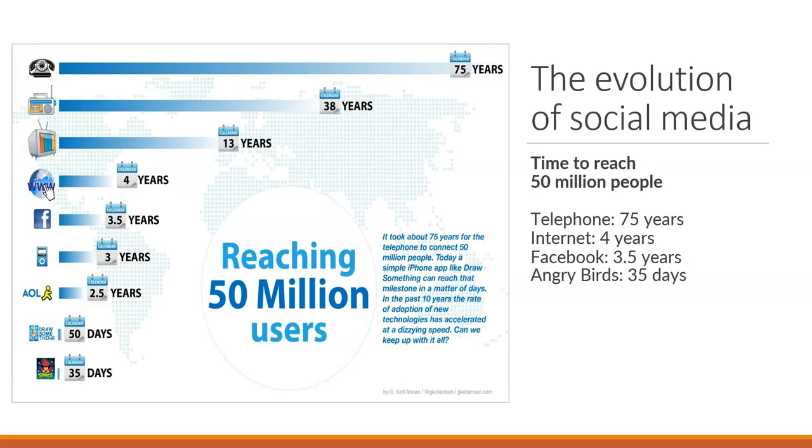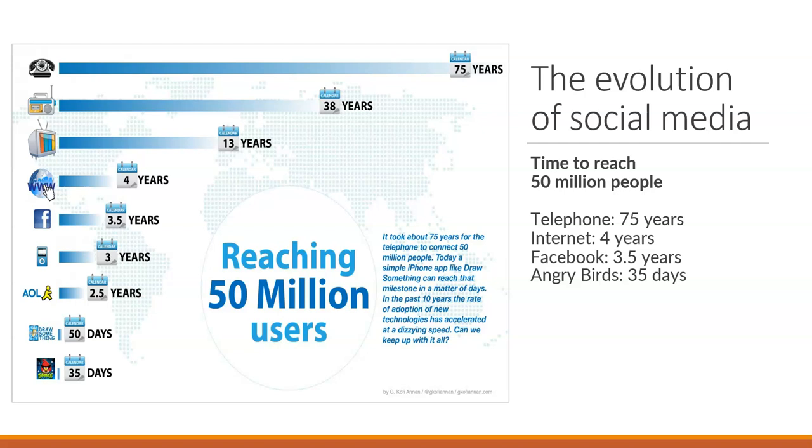The evolution of social media. How long does it take to reach 50 million users? If you look at this graphic, it took about 75 years from the invention of the telephone until the telephone had 50 million people using it. However, we can see at the bottom that Angry Birds, when it was released, took about 35 days for that app to reach 50 million users.